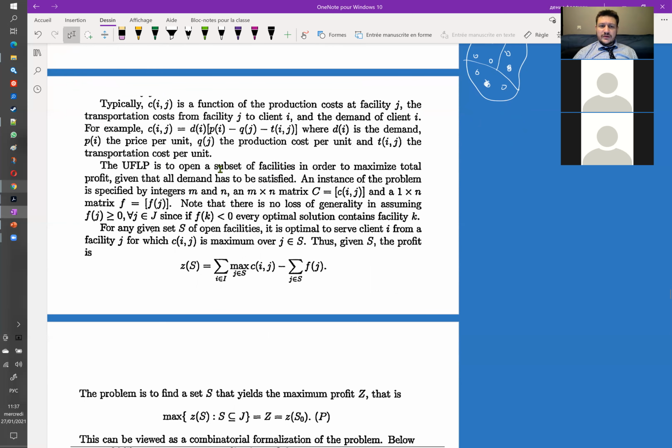Well, it is to open a subset of facilities in order to maximize the total profit, given that all demands have been satisfied. And you can see this here.